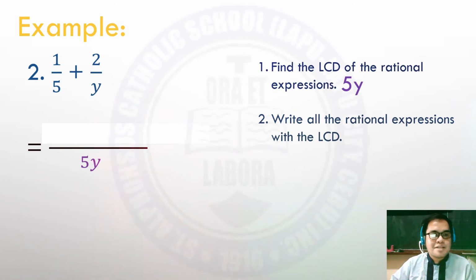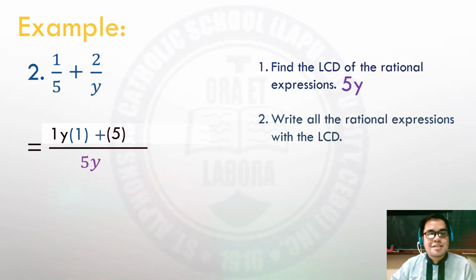So 5y divided by 5, the answer is y, multiplied by the numerator in our first term, which is 1. Plus, to get the second term, divide 5y by our denominator in the second term. 5y divided by y, the answer is 5.